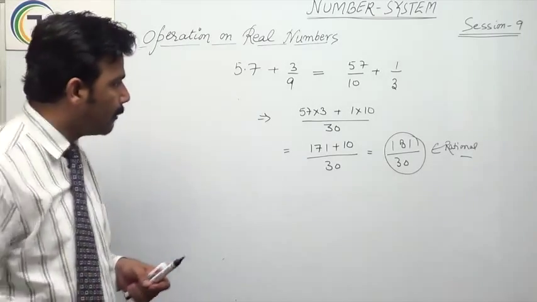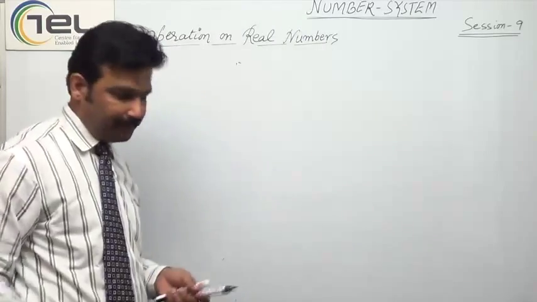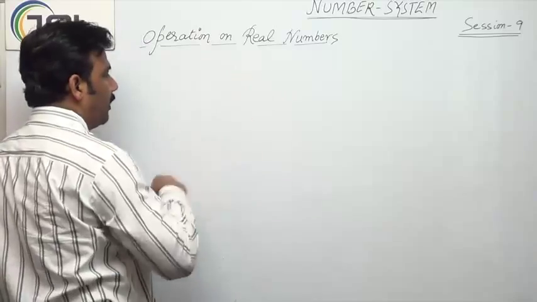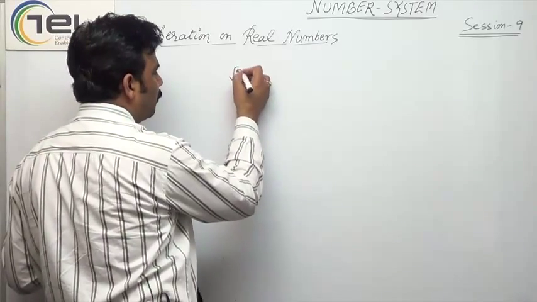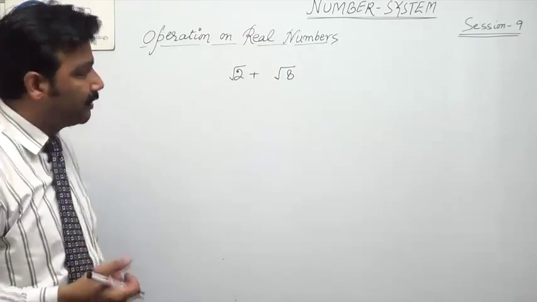But if I am adding two irrational numbers, let's say I have the square root of 2 and add the square root of 8, what will they result in?